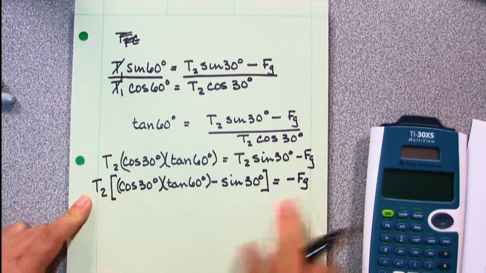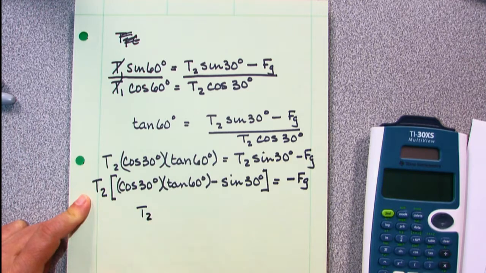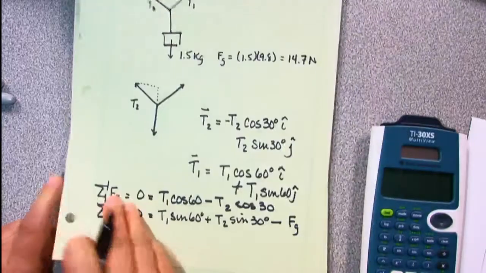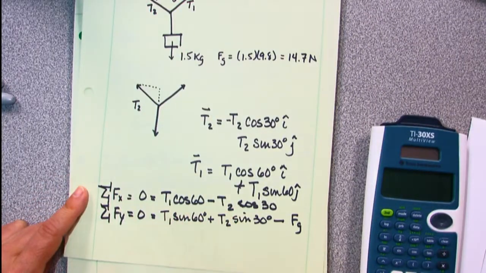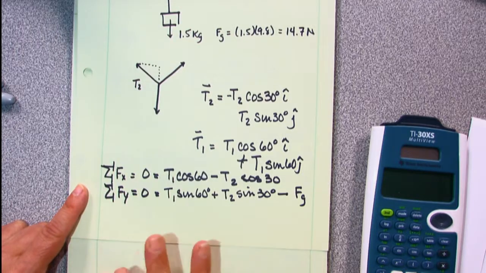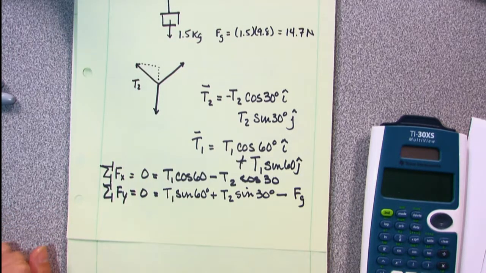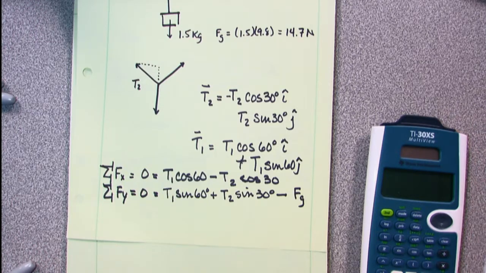We know that number. We solve for T2. We take T2, plug it back into this one, and solve for T1. Two equations, two unknowns. And you do have an example in your book that looks just like this.